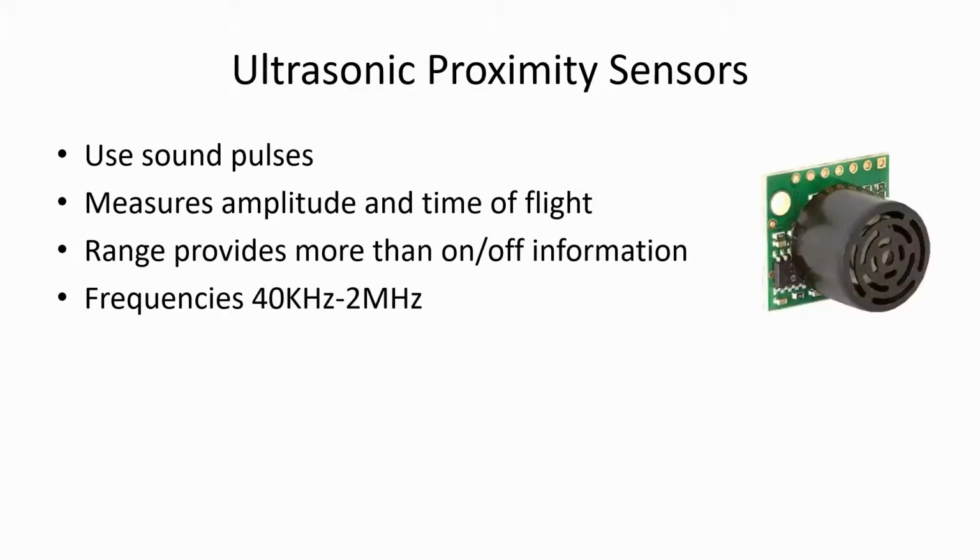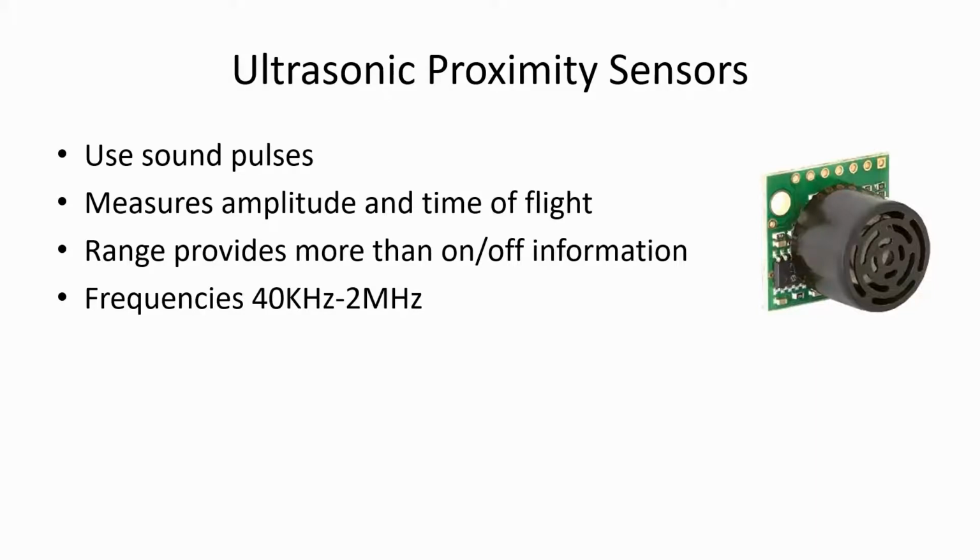Next is the ultrasonic proximity sensor. This is also a non-contact type of sensor. It uses sound pulses, ultrasonic range sound pulses, for measuring the obstacle or the distance, etc. So this measures amplitude and time of flight.